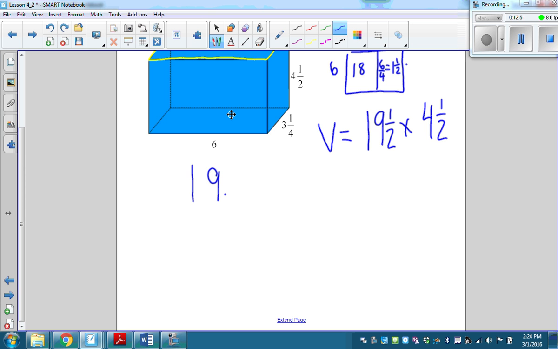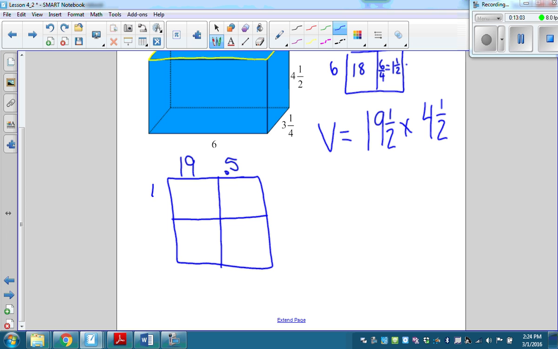And I could do scratch work over here. You can do this traditionally too. But 4 times 19 is 19 and 19 make 38, so 76. What's half of 4? 2, right? And half of 19? 9.5. Good job. And half of a half is 0.25.